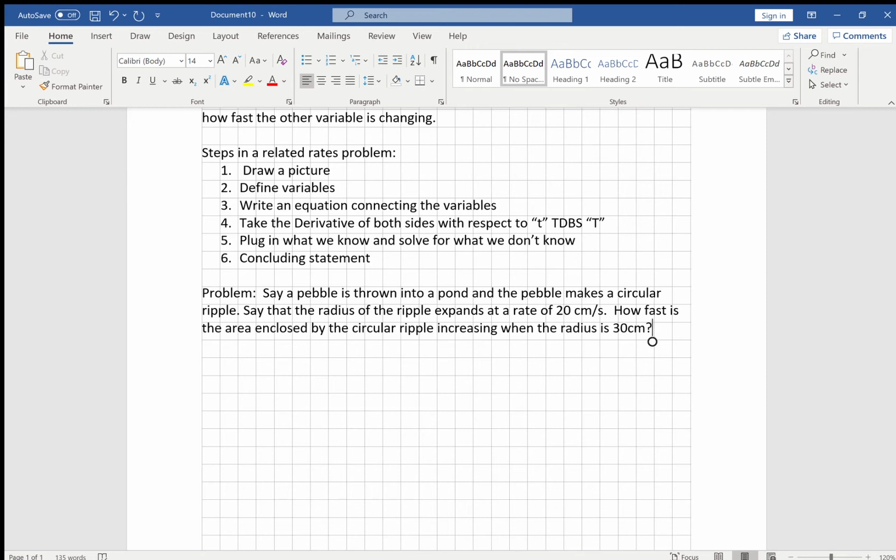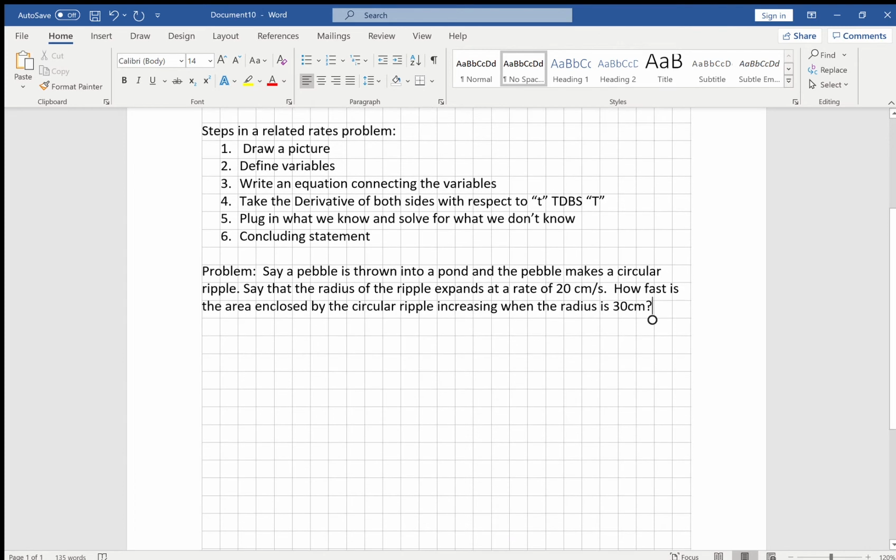So let's go ahead and run through all the steps of the problem. Step 1, as you know, draw a picture. This doesn't need to be complicated or fancy, and I apologize for my bad drawing, which is bad enough on a blackboard and terrible on a computer screen, but that potato thing is supposed to be a circle.